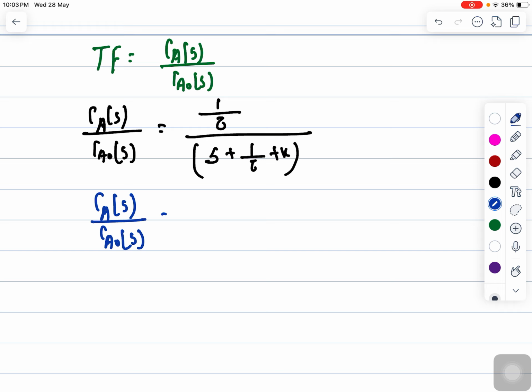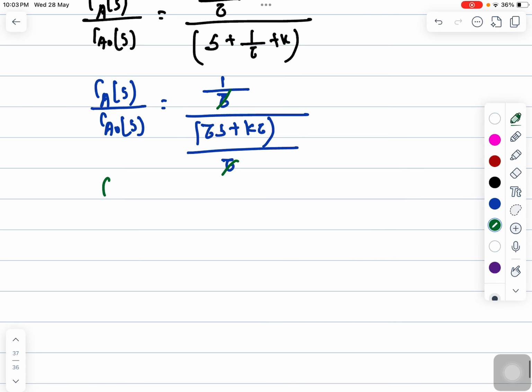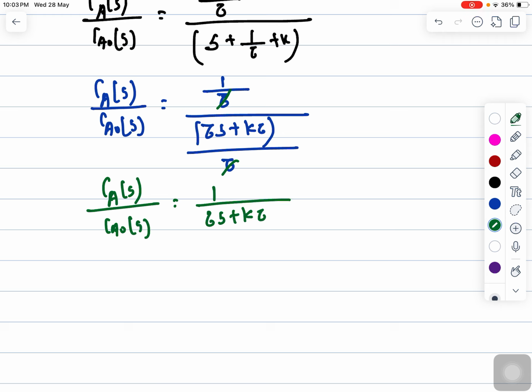Now if you want to simplify this, I can write Ca(S) divided by Ca naught(S) equals 1 by tau, over (tau S plus K tau) divided by tau. So this tau and tau will get cancelled out, and finally you will be left with Ca(S) divided by Ca naught(S) equals 1 upon (tau S plus K tau).